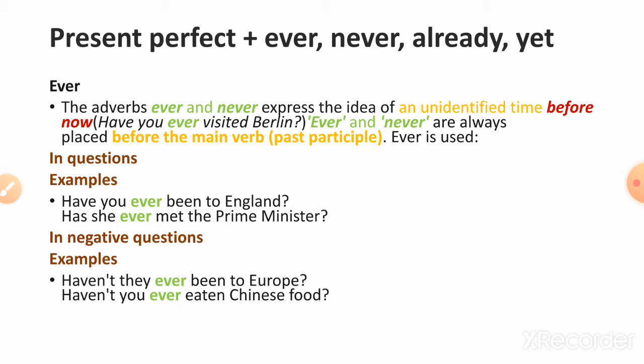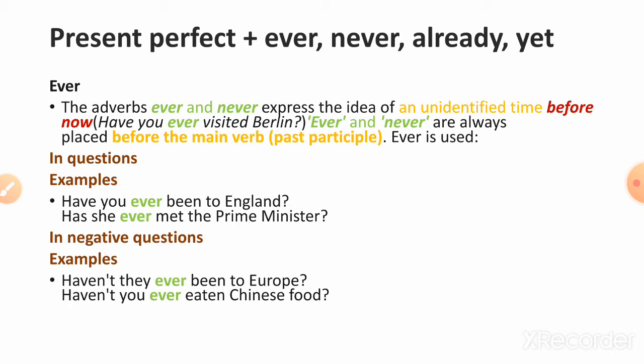In negative questions, for example: Haven't they ever been to Europe? But students, I want to tell you, instead of "not ever", we can use "never". I mean to say, not ever is equal to never. Haven't you ever eaten Chinese food?